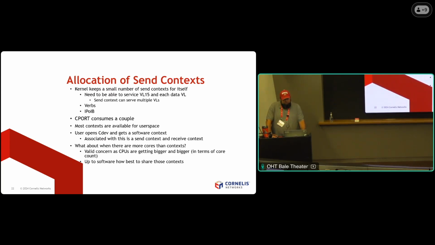We are seeing CPUs come out with tons and tons of cores, and that is a valid concern. It is possible for user processes to share contexts, and how that sharing is facilitated is totally up to software. We do have a mechanism for sharing context in PSM2. We're also working on one for OPX as well.